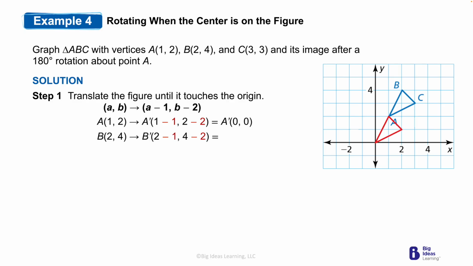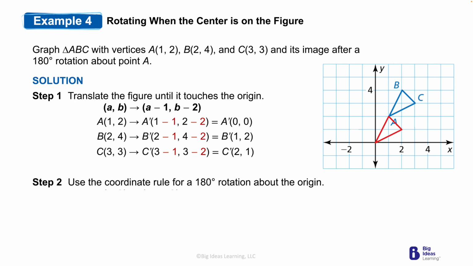So B, 2, 4 has to follow the same rule, A minus 1, B minus 2. So B prime is at 1, comma 2. And then point C has to follow the same rule. So if it's at 3, 3, now you have 3 minus 1 and 3 minus 2. So C prime is at 2, comma 1. Which you knew by looking at the graph there. But if you're not using graph paper, if you're using regular paper, you want to have this stuff down too.